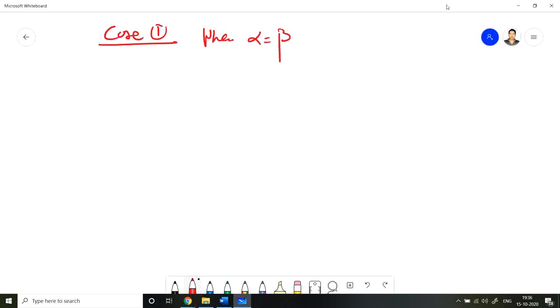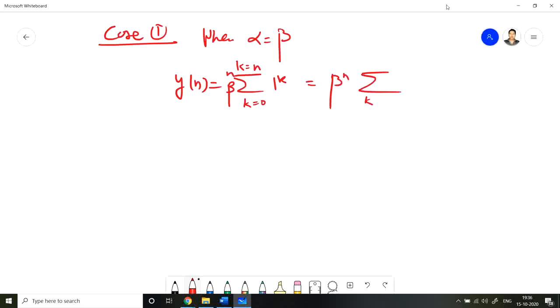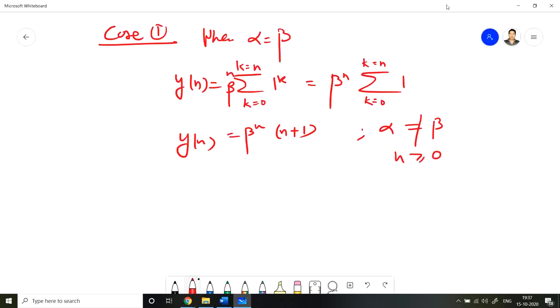In this case, y[n] is nothing but beta raised to the power n summation k equals 0 to n of 1 raised to the power k. So it is equal to beta raised to the power n summation k equals 0 to n of 1, and it is equal to beta raised to the power n plus 1. So this is y[n], the case when alpha is equal to beta and n is greater than or equal to 0.